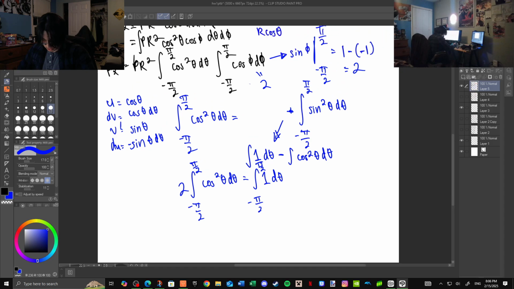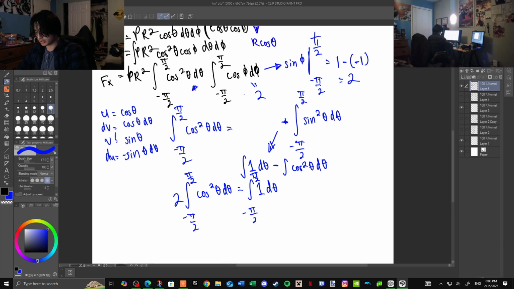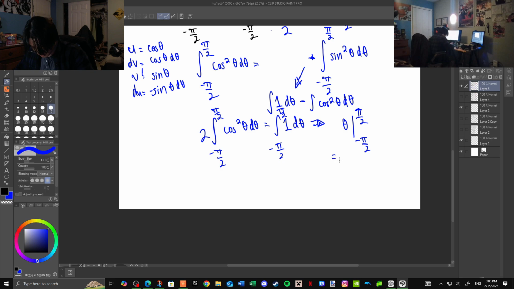Since we need to find a replacement for this equation, we need to solve for this right side, just 1 d theta. So you integrate that, you just get theta with the bounds negative pi over 2 to pi over 2, and plugging those values in, you get pi over 2 minus negative pi over 2, which is just pi.